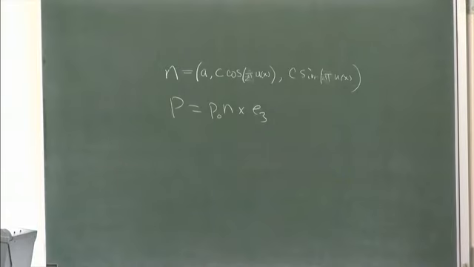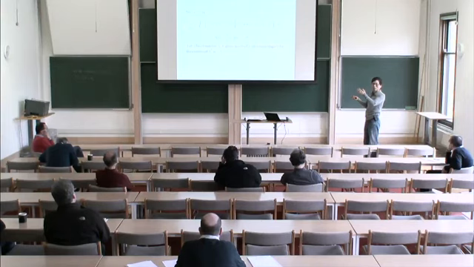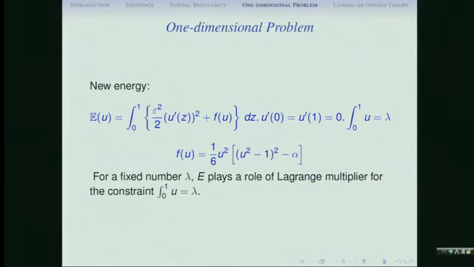Then we have a new energy. I eliminated the interaction between electric field and u, and I got a new energy with a constraint. The Euler-Lagrange equation for this is the one I showed at the beginning, and for every fixed lambda, E plays the role of Lagrange multiplier for this constraint.